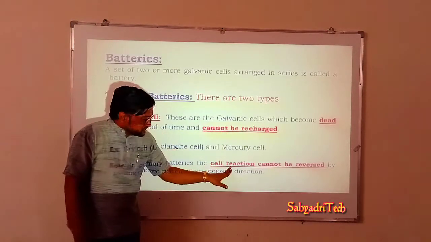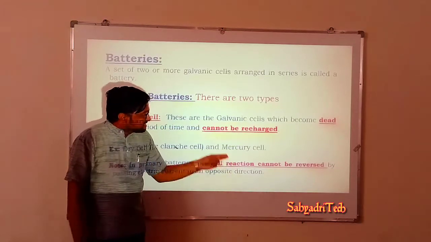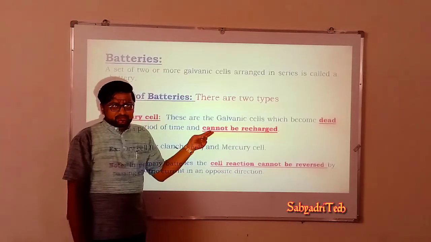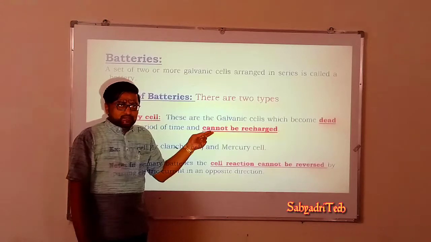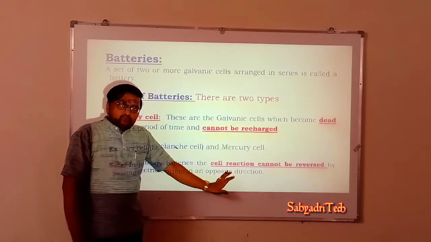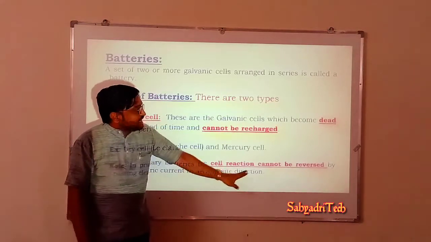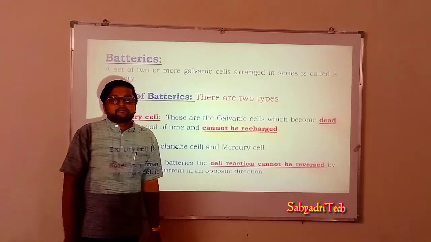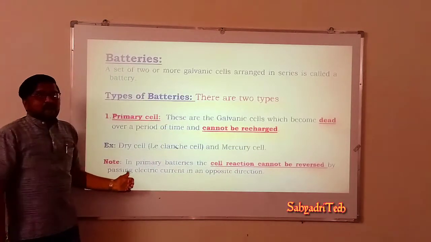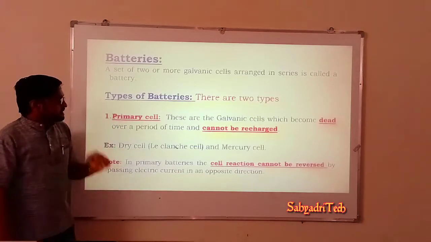If it were possible to reverse the reaction, then they could be recharged and reused. So in primary batteries, over a period of time, the reaction attains equilibrium and the cell reaction cannot be reversed by applying an external opposite potential. Okay, so that's regarding primary batteries.